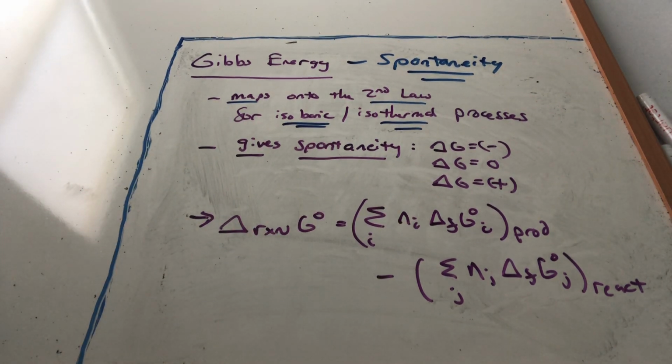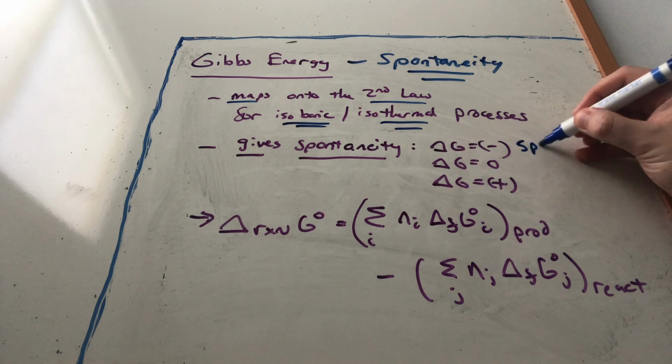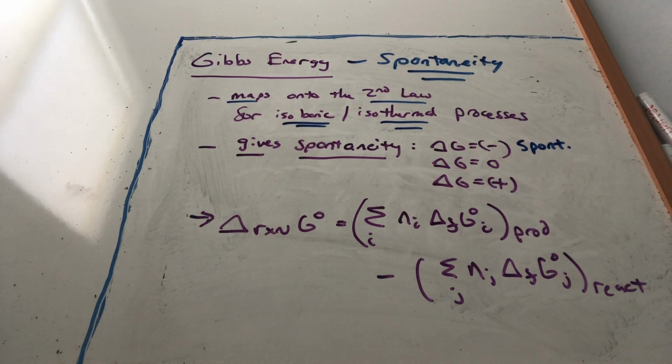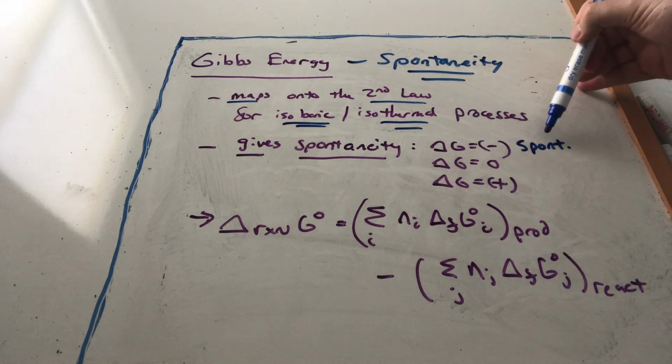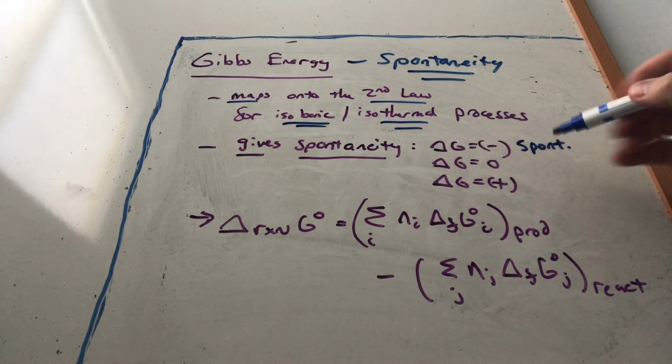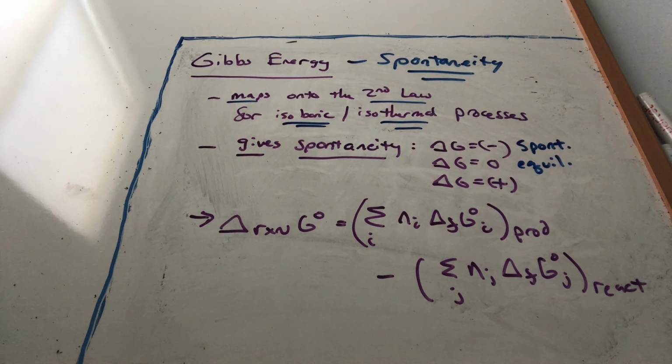It has a different sign convention though than delta S of the universe, okay? When delta G is negative, then we have it as being spontaneous as written. So a negative delta G says, hey, whatever we have written, it's going to happen, okay? When delta G is 0, we're at equilibrium. So then there's no net motion from the left to the right or right to left.